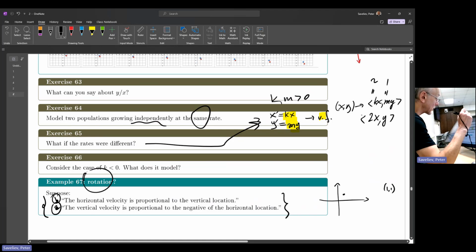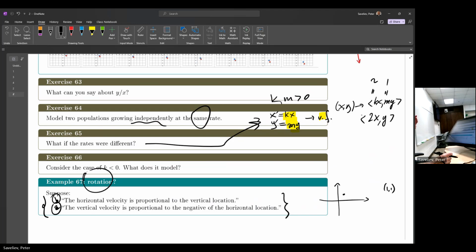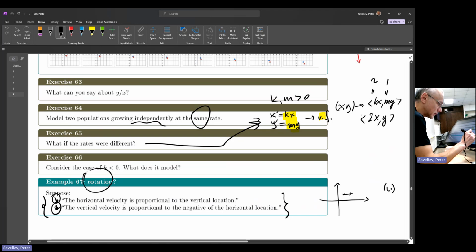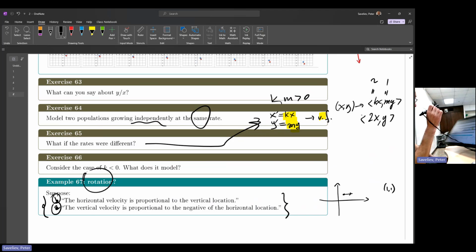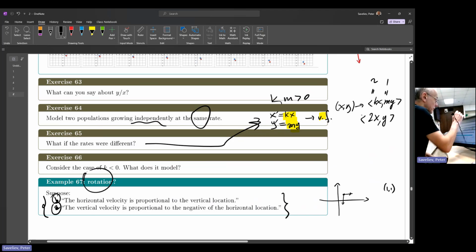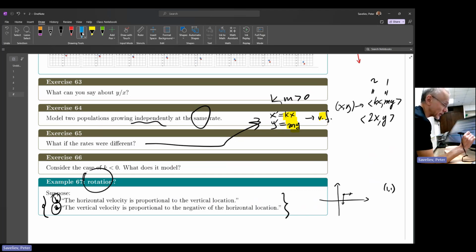The answer is that my horizontal velocity is 1, and the vertical velocity is -1. So the net result is this.